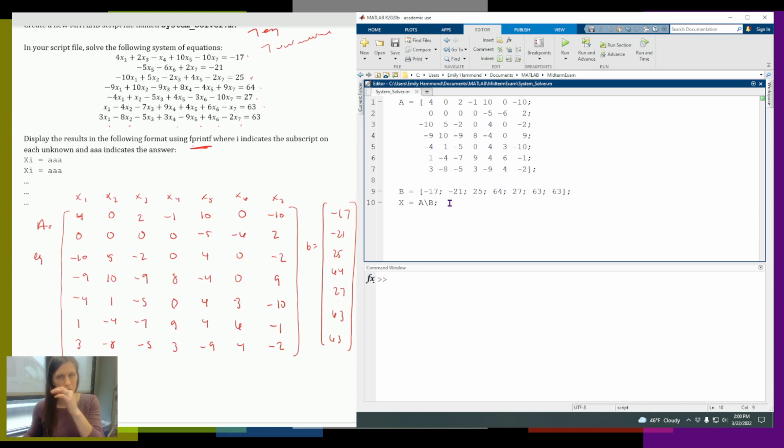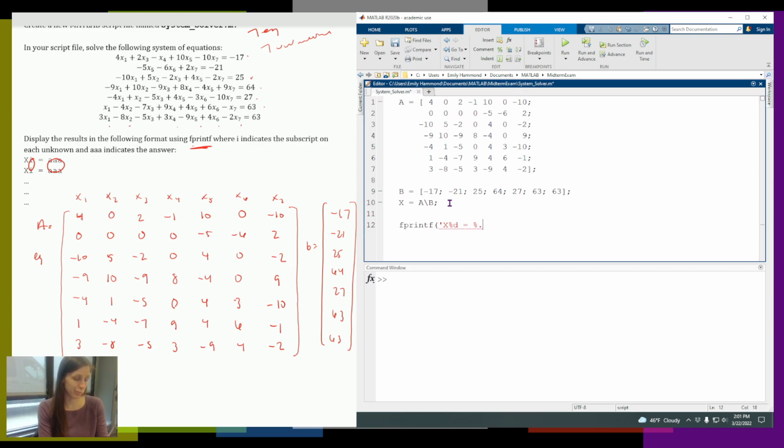So then it says display the results in the following format using fprintf, where I indicates the subscript on each unknown and AAA indicates the answer. So this is my subscript. This is my answer. Okay, it says use fprintf because you have to use fprintf. I'm printing out X, and then next to X is an integer equals my answer.